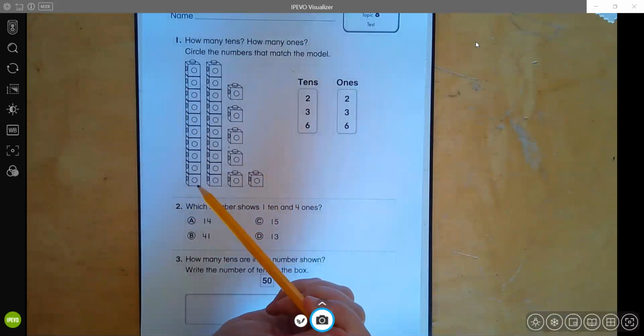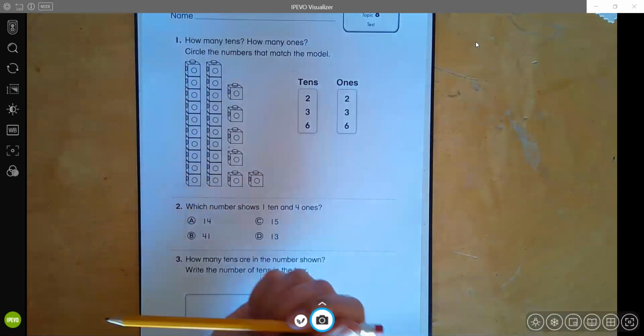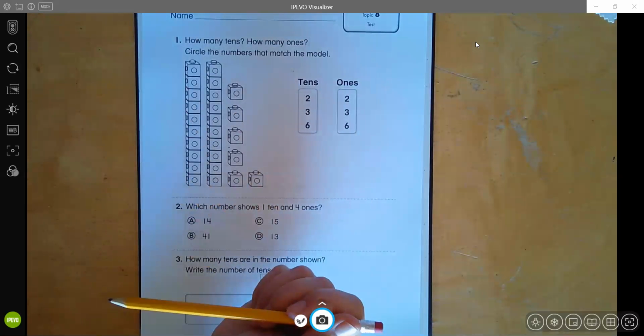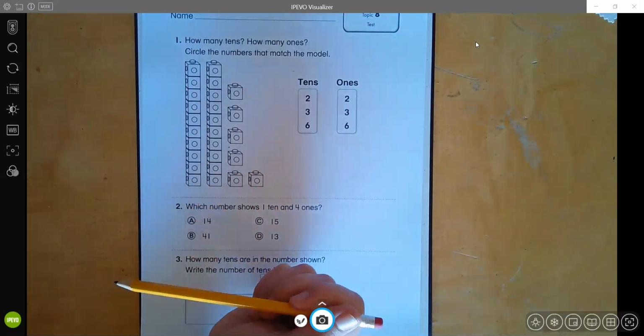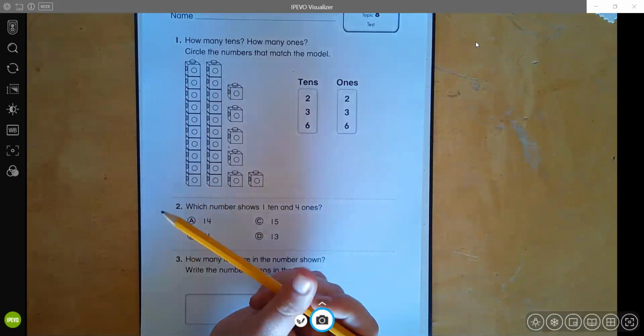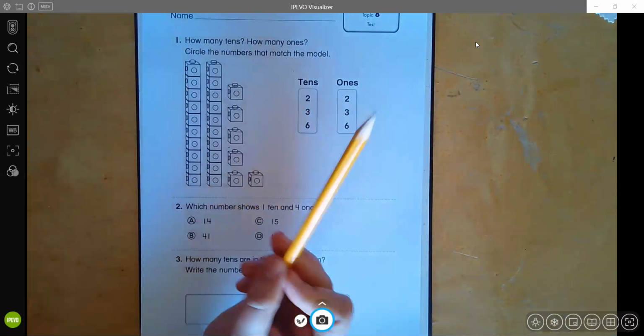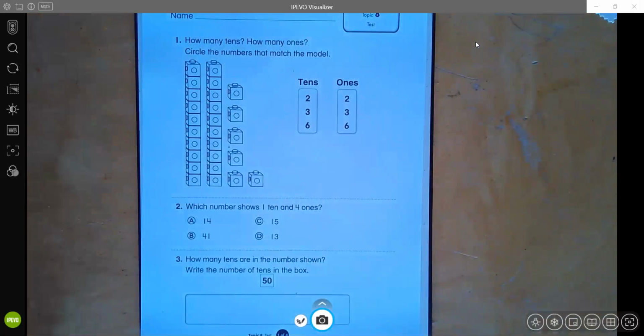And we need to figure out how many is represented in this model, what that number is. So I would pause the video and take this opportunity to count this picture that you have here. After that, you need to figure out, like it said, let's go back up, how many tens and how many ones are there. I'm just going to give you a visual.